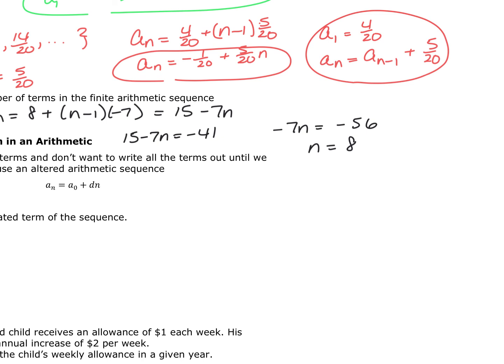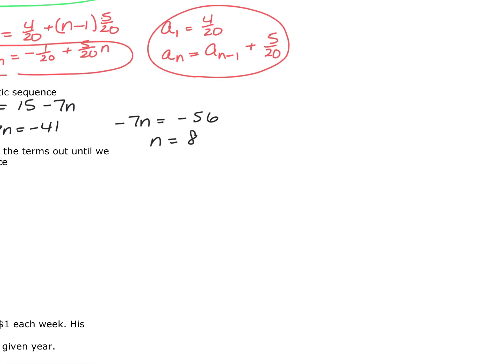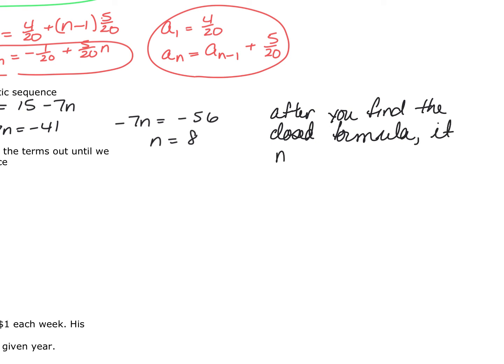Now, how do I know this? Well, everything I just said, if I had to justify my reason, is: after you find the closed or explicit formula, it must equal the final term.